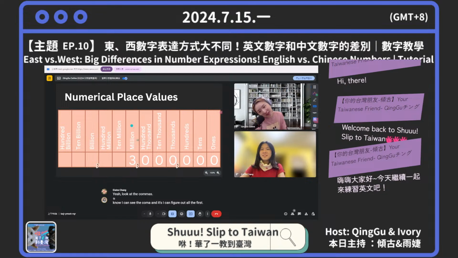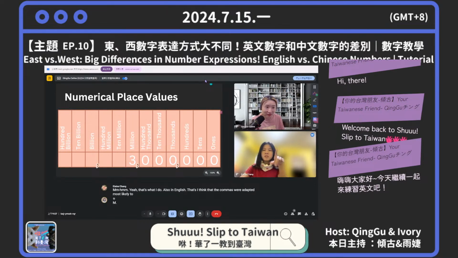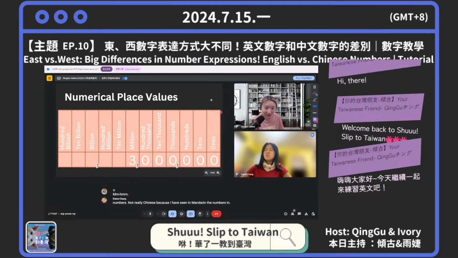The first is a million, and then it's a billion. Yeah, that's what I do also in English. I think the commas were adapted most likely for English numbers, not really Chinese, because I have seen that the numbers in Mandarin are different, and the commas don't make sense. Yeah. So always when I see it in Mandarin, I'm so confused. Yeah. In Mandarin, the comma is like a useless thing. Yeah, it confuses you. Yeah.